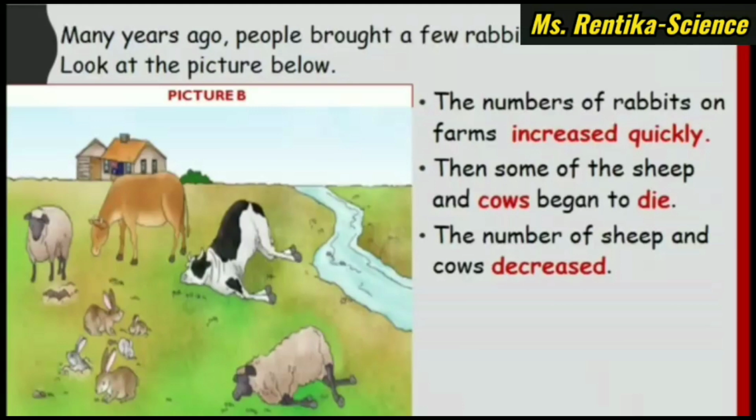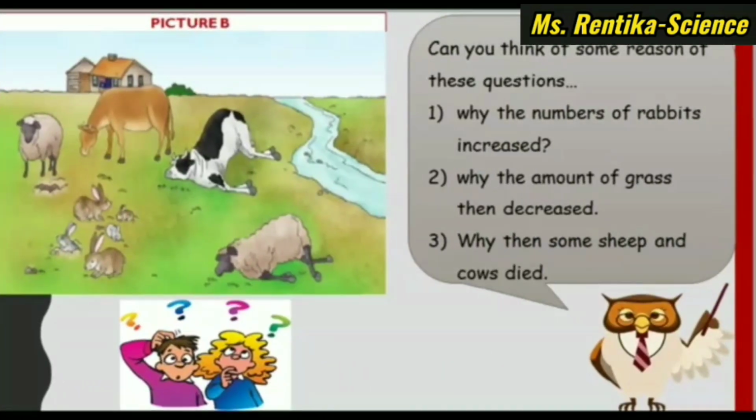The number of sheep and cows decreased. Could you think of some reasons for these questions? Why did the numbers of rabbits increase? Why did the amount of grass then decrease? Why did some sheep and cows then die?